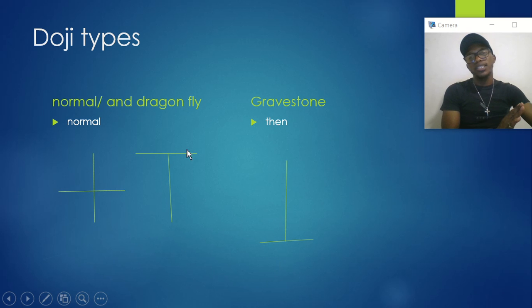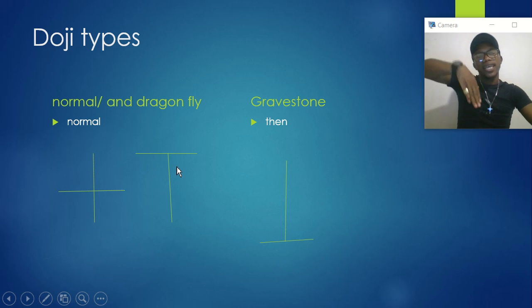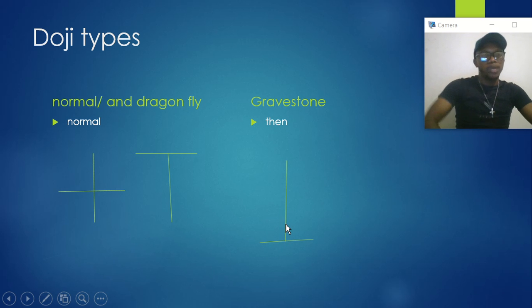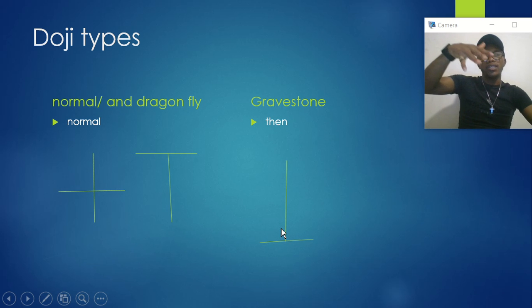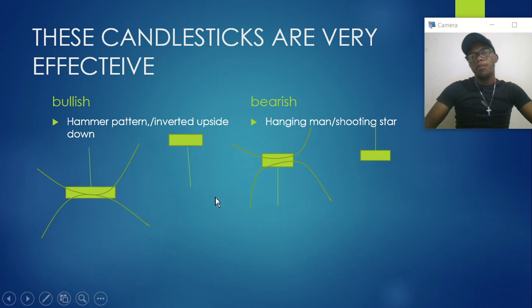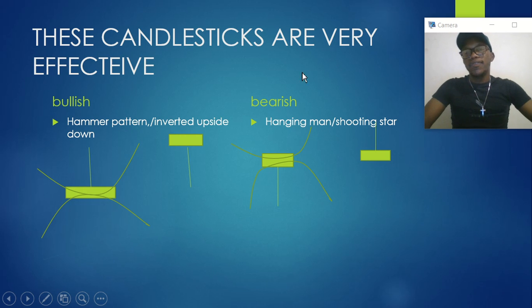A fly goes high, so if you see this dragonfly, the market is about to go high. If you see this gravestone, the grave is down under our feet, so the market is ready to go down.